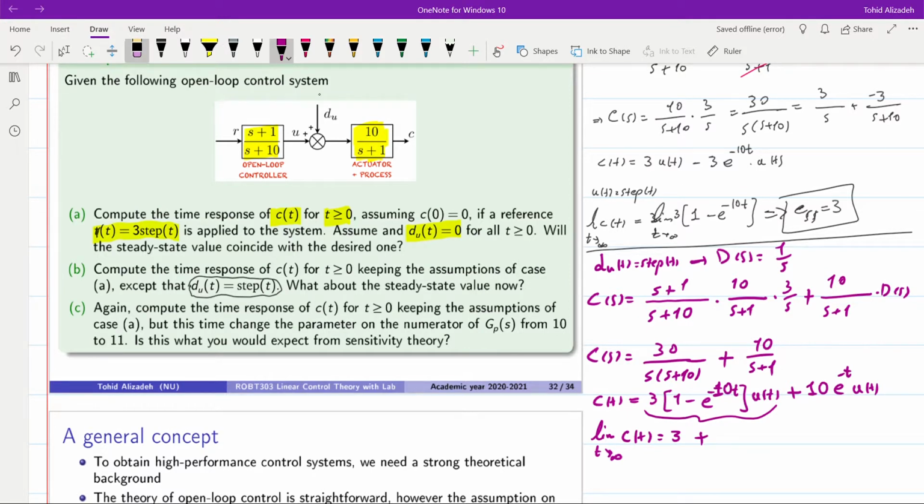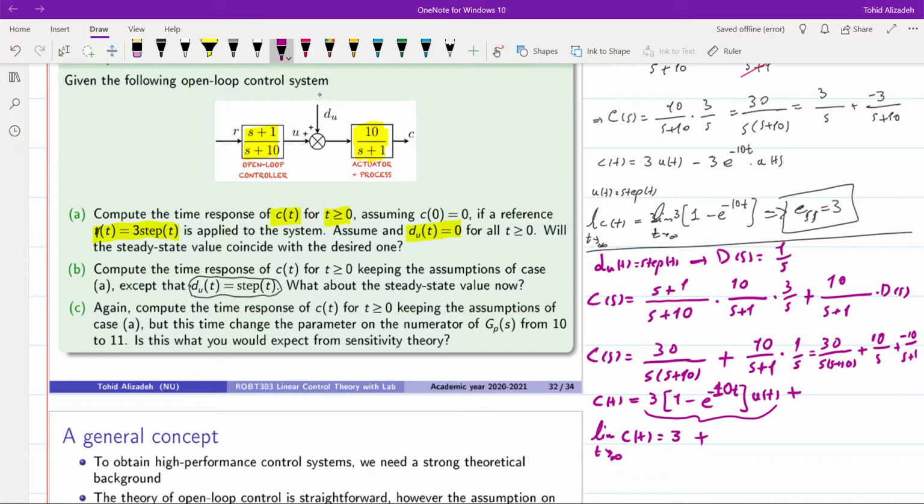Just a second, I forgot to multiply this with 1 over s: 10 over s plus 1 times 1 over s, and as a result, what we have here should be corrected in this way. So I will rewrite this. 30 over s times s plus 10, we know what we will get for that, plus 10 over s times s plus 1, which gives 10 here and minus 10 over here.